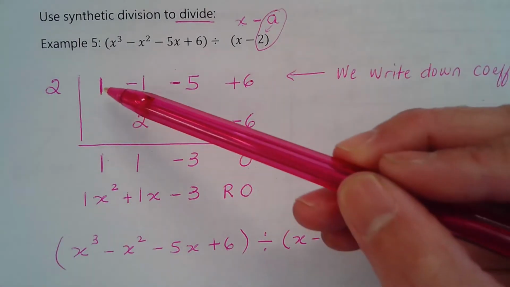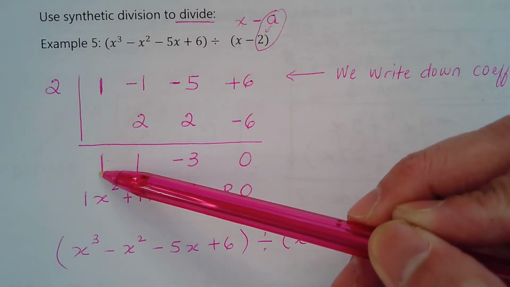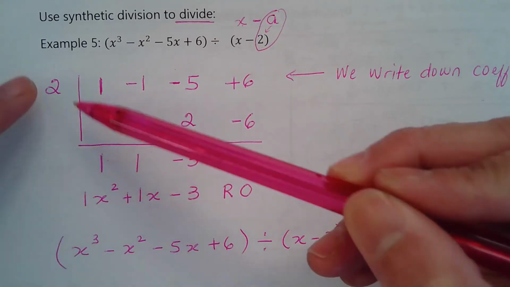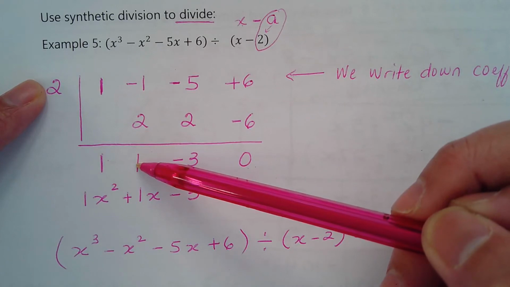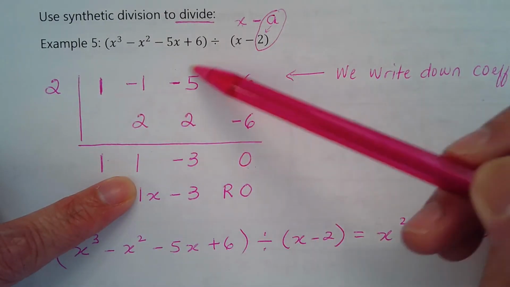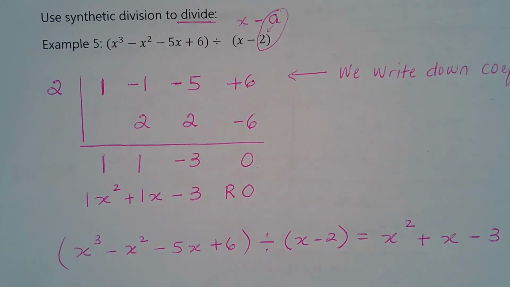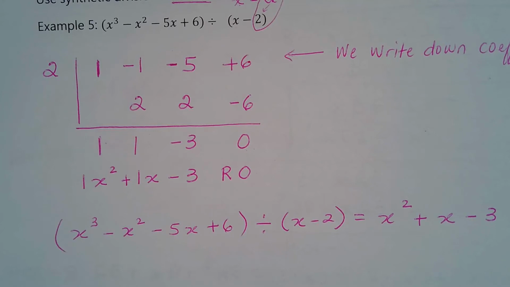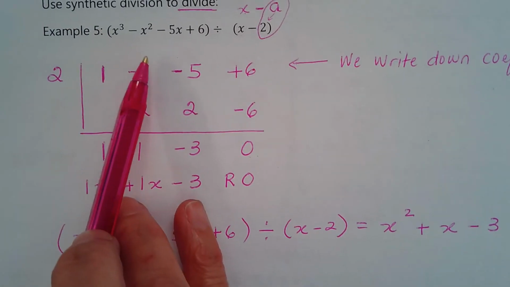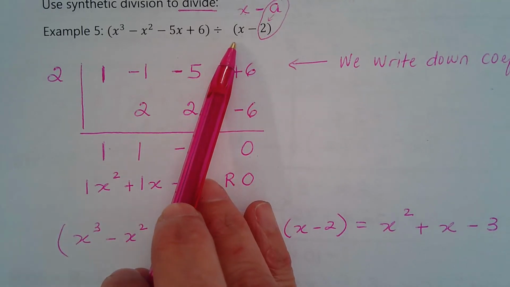Once it's all set up, you drop the first coefficient, then multiply and add, multiply and add, multiply and add. Then the quotient's exponent comes from x cubed divided by x, so it will have an exponent of x squared.